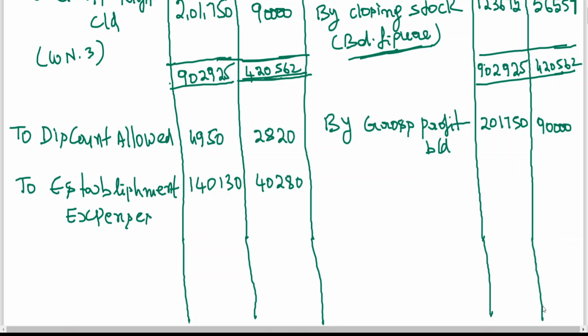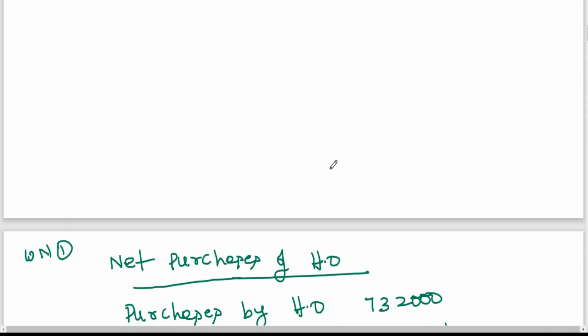It is transferred to the profit and loss account, to abnormal loss. Here I am giving a note to that.